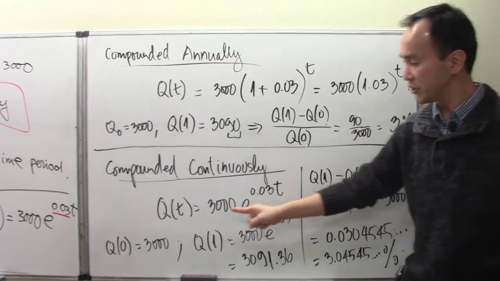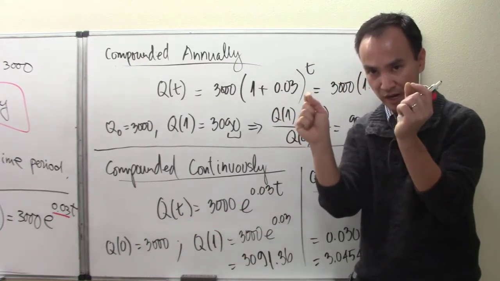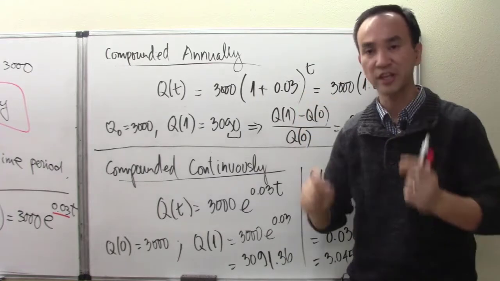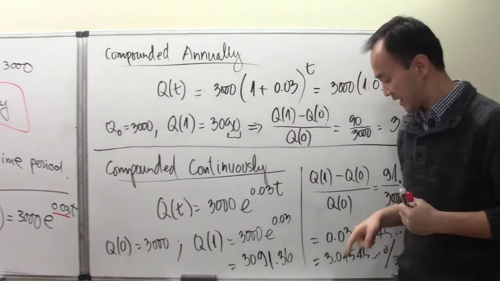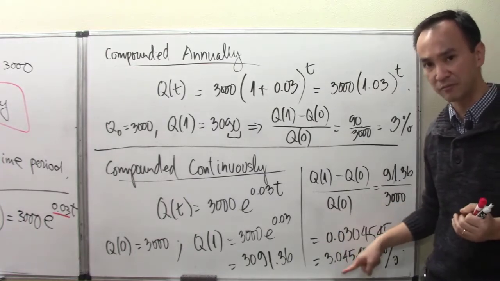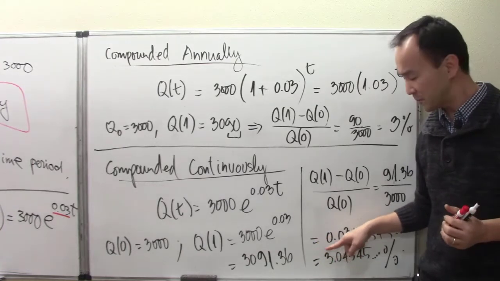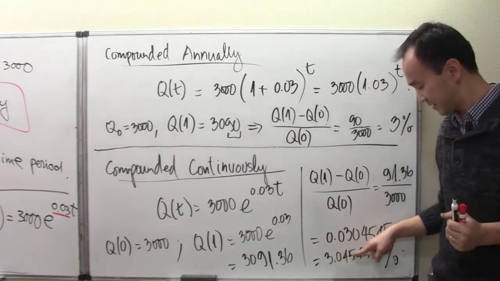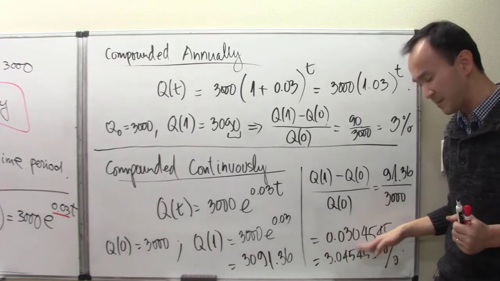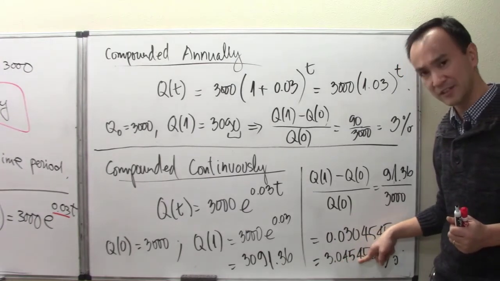So here I choose time 0 and time 1. But basically, it's 2 time points of one particular default time period. For each default time period, the real observed, actual percentage that the bank paid us is 3.045. If we round here, then it makes sense to round to 3.045%.